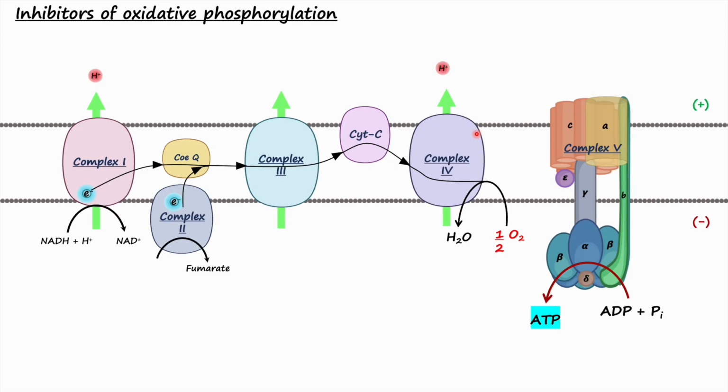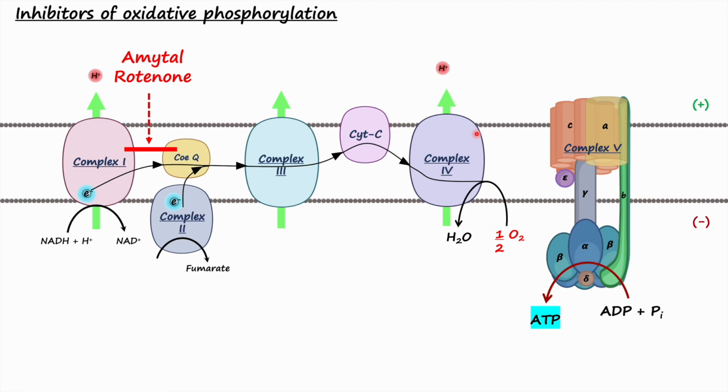And now lastly, I quickly want to talk about some of the inhibitors of oxidative phosphorylation. They are used widely in research to examine mitochondrial respiration. So the first one is the group of compounds called amytal and rotenone.